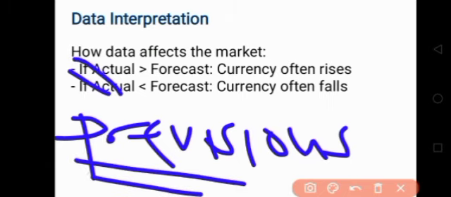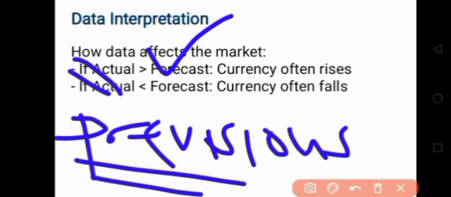If previous data is greater than forecast, it means the currency will buy. If previous data is greater than forecast or expected data, the currency will rise, and here we expect buy momentum. So in that news event we will buy.